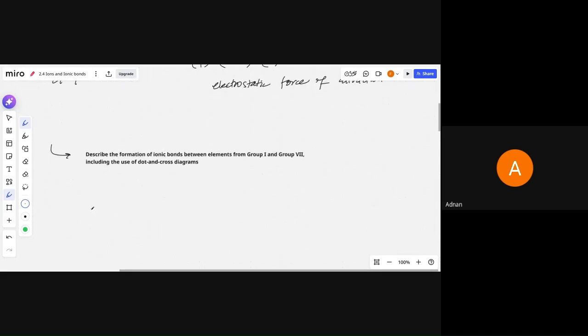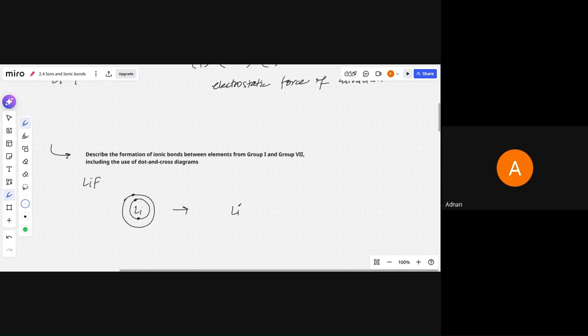Let's say lithium and fluorine want to make a bond, lithium fluoride. Now let us see the formation of this molecule. Lithium has two electrons in the first shell and one in the second, and it's a metal, so it wants to lose this outer electron.